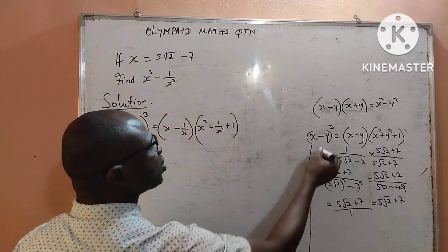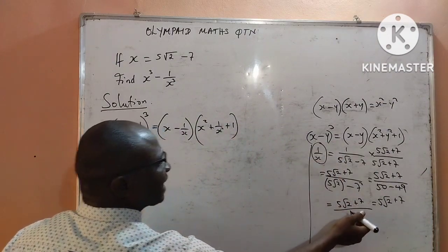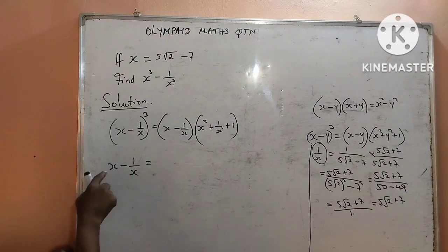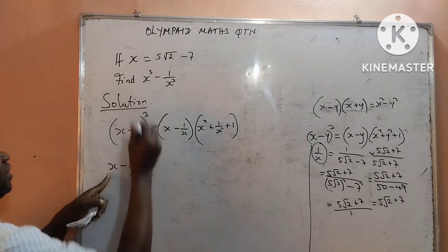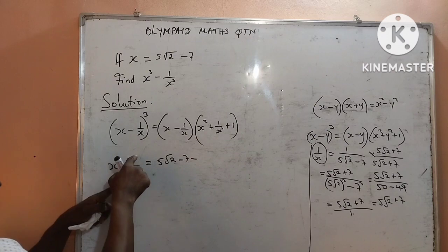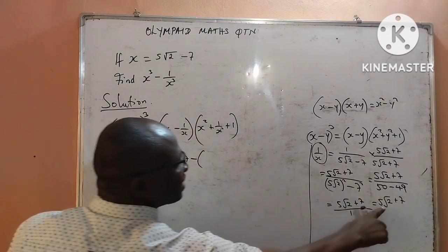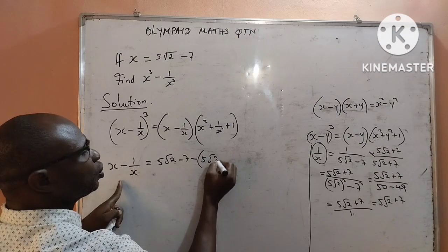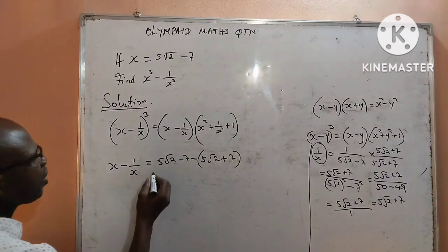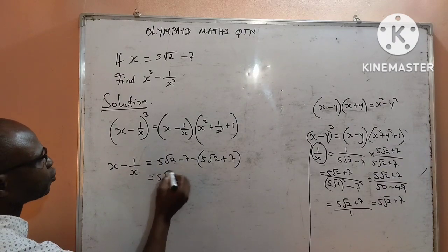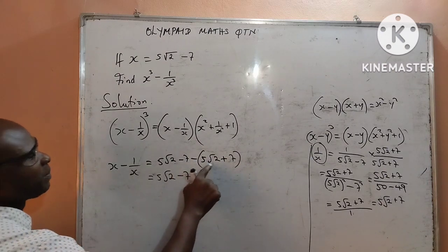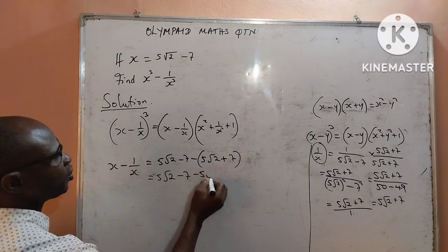Therefore, what we have just gotten is 1 all over x. I can now lift this and substitute it in the position of 1 over x, meaning that my x from the given question is 5 root 2 minus 7, then minus 1 over x will now be written as 5 root 2 plus 7. Math is life. Beautiful. Moving forward, I shall have 5 root 2 minus 7, opening the bracket here, minus will multiply, minus 5 root 2.